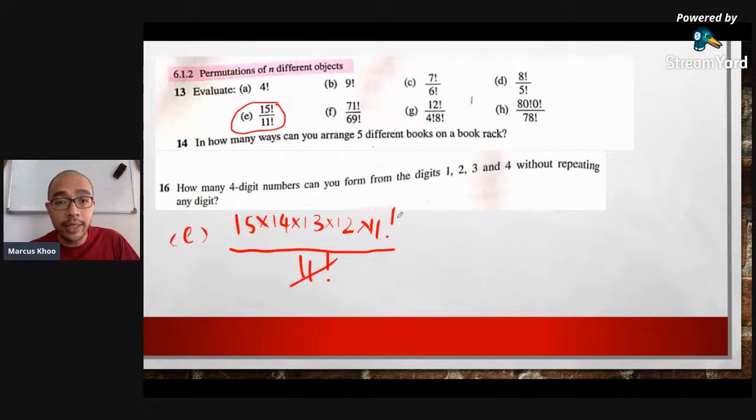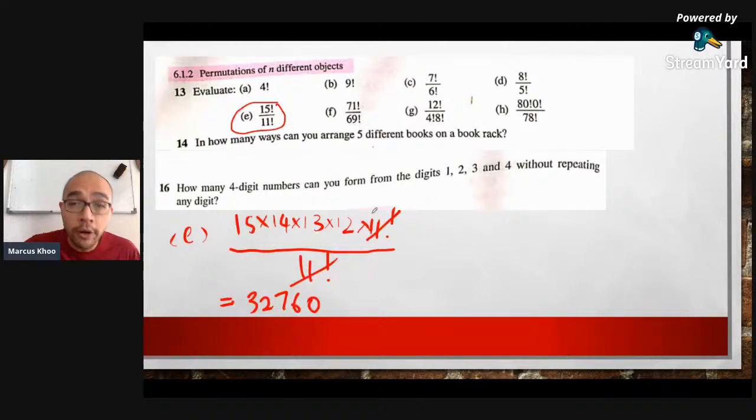And you find that actually the 11 factorial you can cancel out. So essentially it's just 15 times 14 times 13 times 12, which if you calculate now, you get the same answer, 32760, because the factorials can actually be cut.